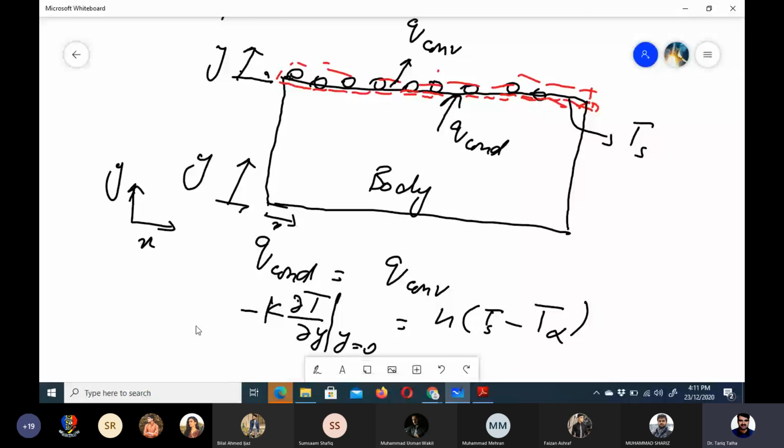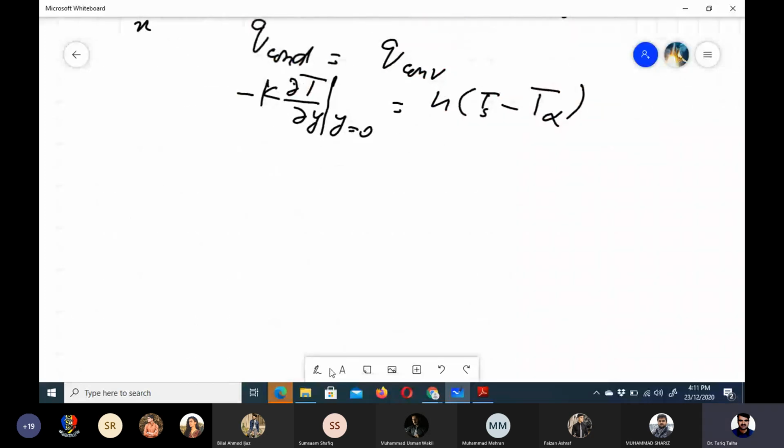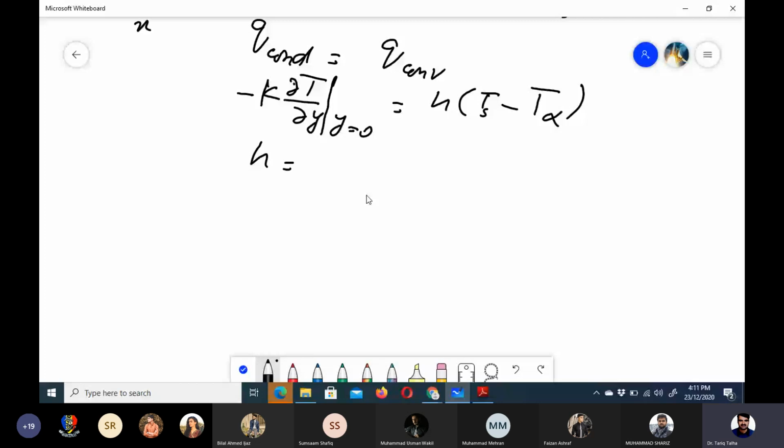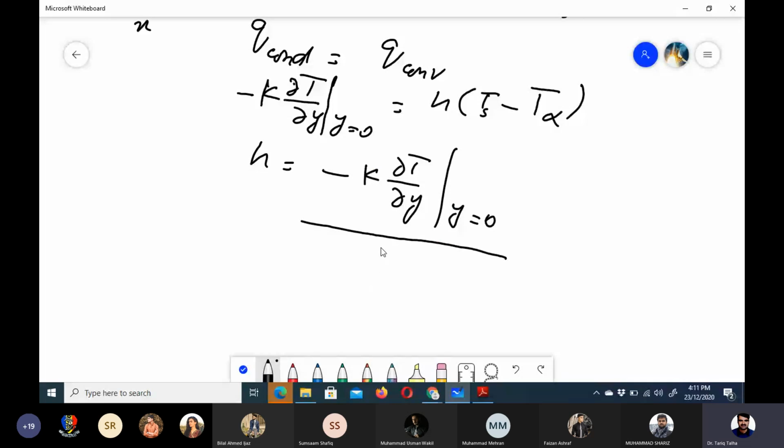Now from here, if we want to know the value of h, it would be equal to minus k partial T upon partial y at y equal to 0, divided by Ts minus T infinity.